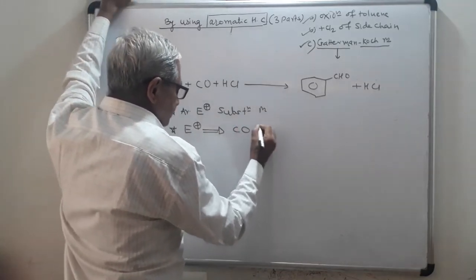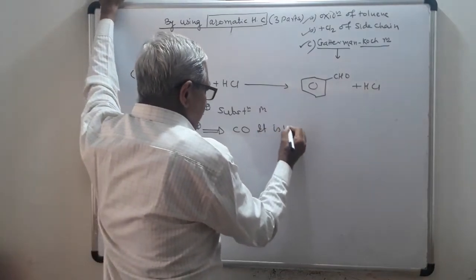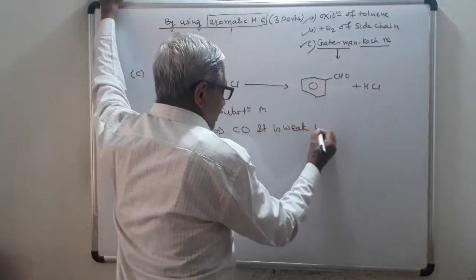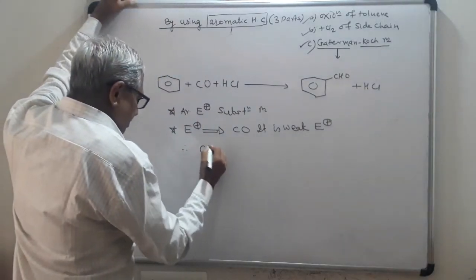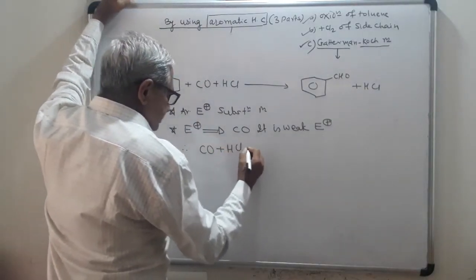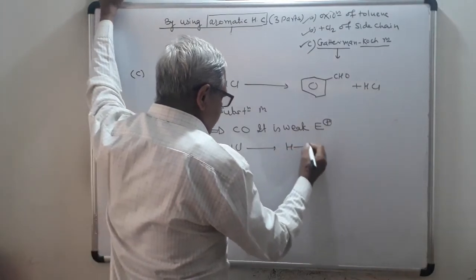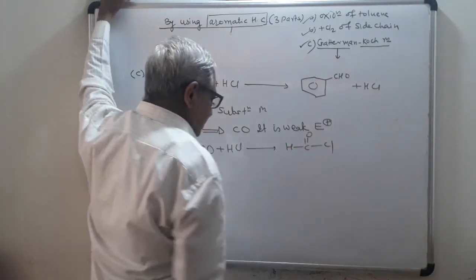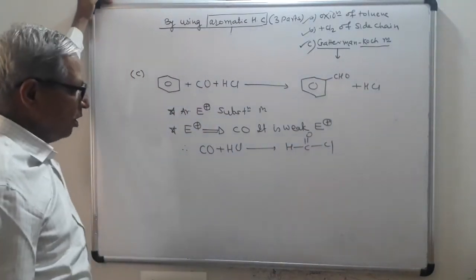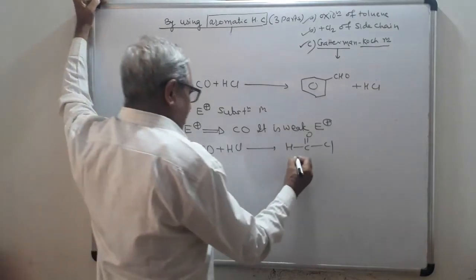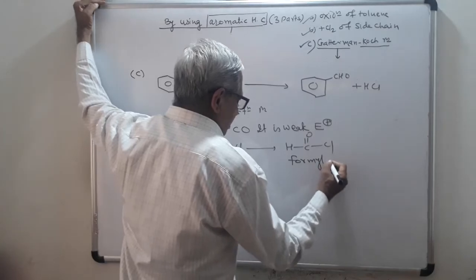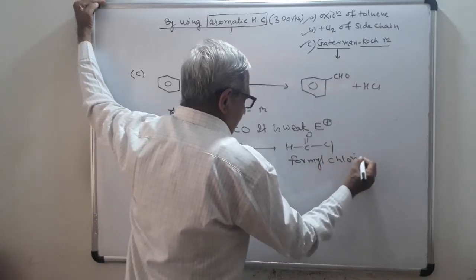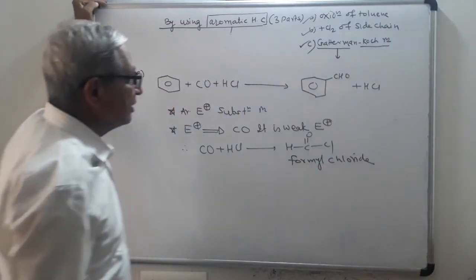It is a weak electrophile. Therefore, this weak electrophile first reacts with HCl. You will get here HC double bond OCl. This is known as formyl chloride, and this formyl chloride is used for the reaction. It is a stronger electrophile.